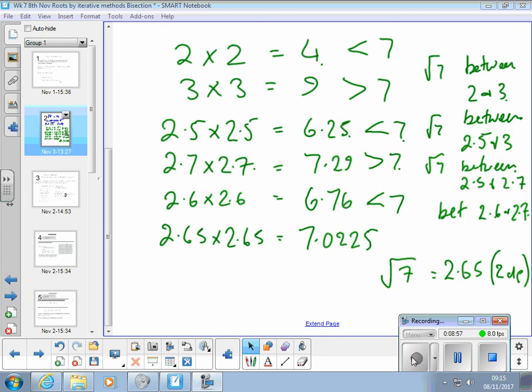Right, but you can see what you've got. Certainly the bisection method will work. One appears to be much quicker. You can only use it if you can differentiate the function that you've got.